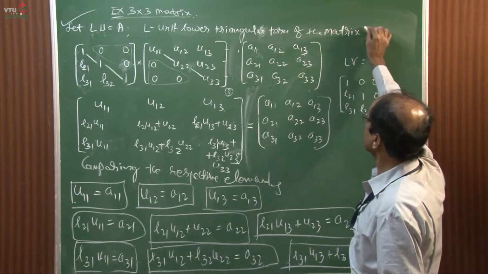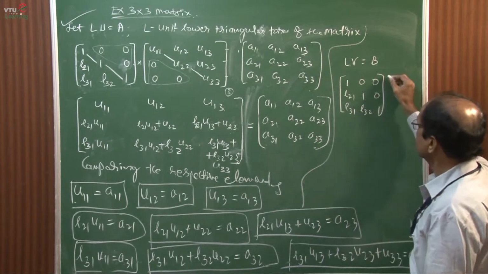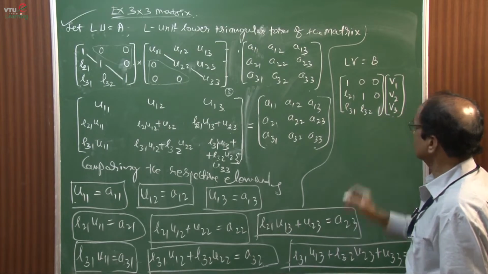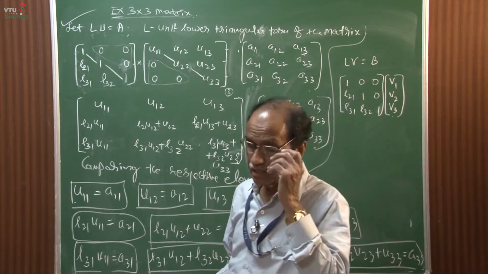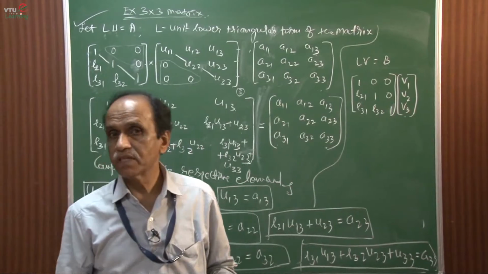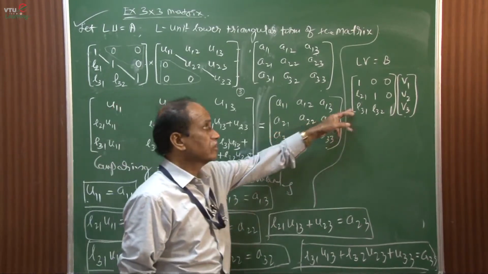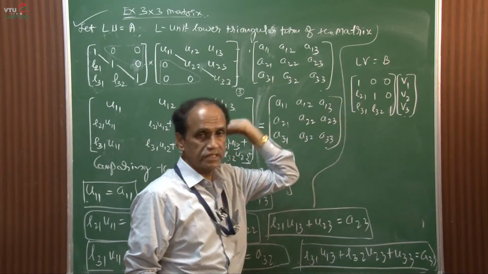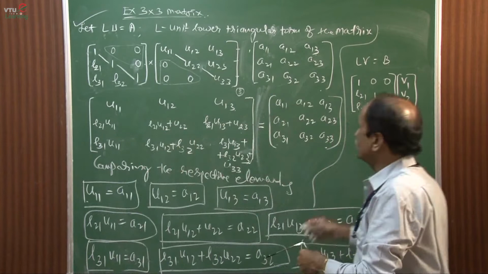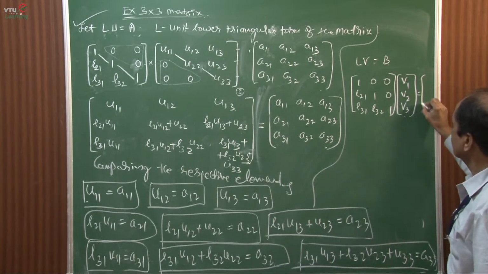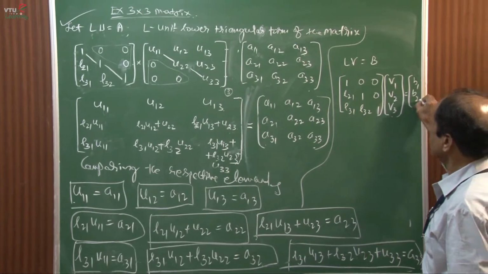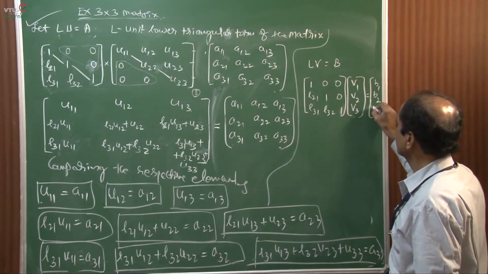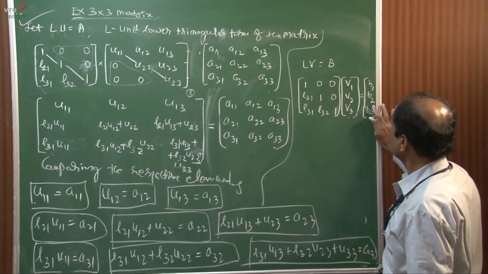This unit lower triangular matrix is multiplied by V1, V2 and V3, which is the column vector, after calculating L21, L31 and L32. This is to be equated to the given B1, B2, B3 from the system of linear equations.